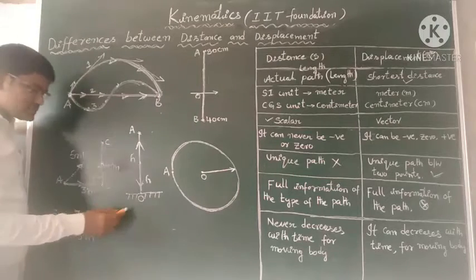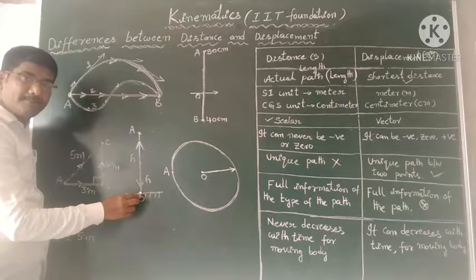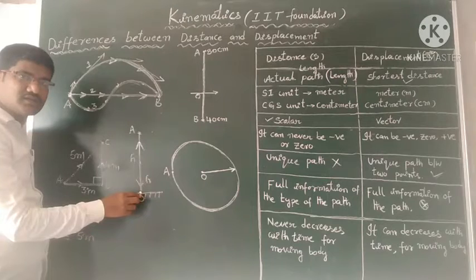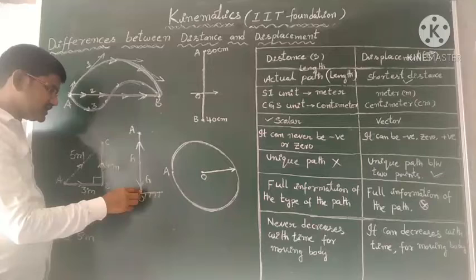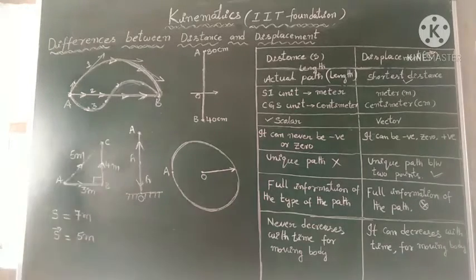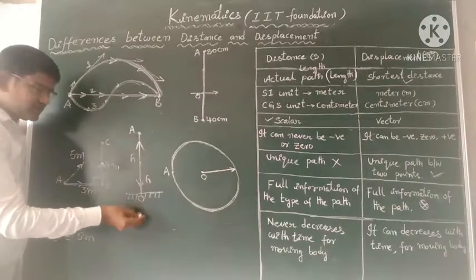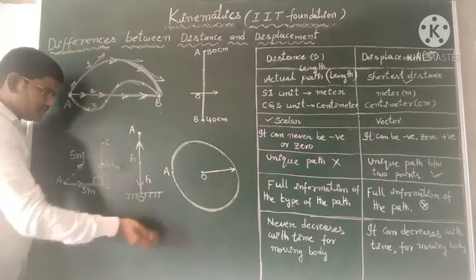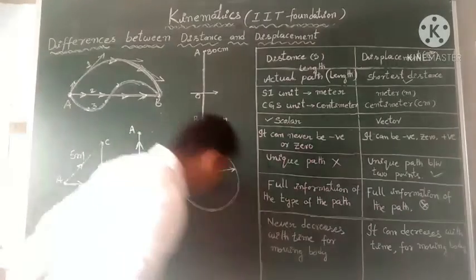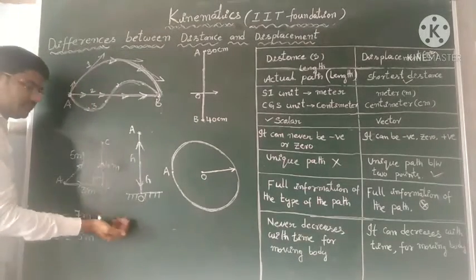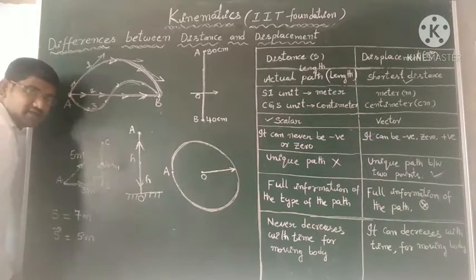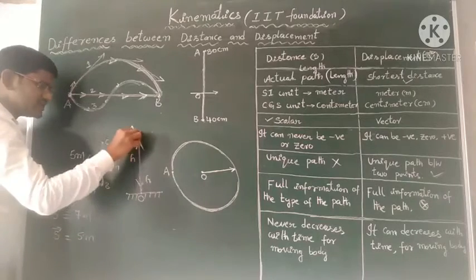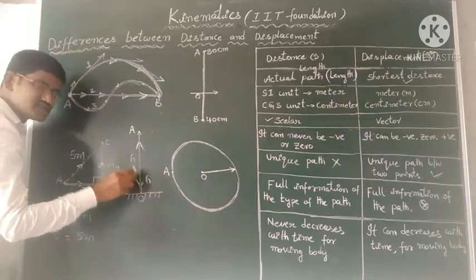And now see students, if a particle starts at a point and returns to the same point, then its distance is said to be, see, a particle is started here at this point. I projected it up and it reached my hand. So it is upward h meters traveled, downward h meters traveled.